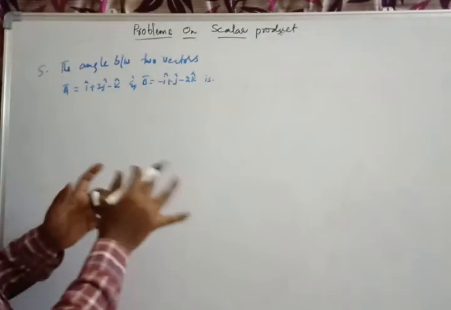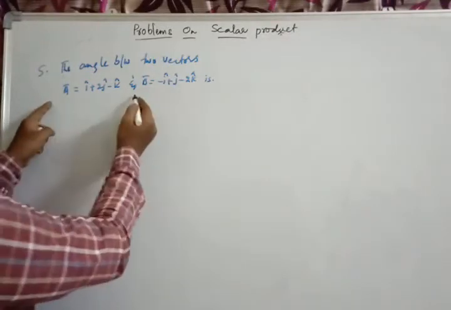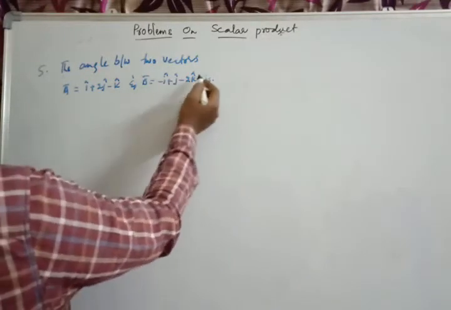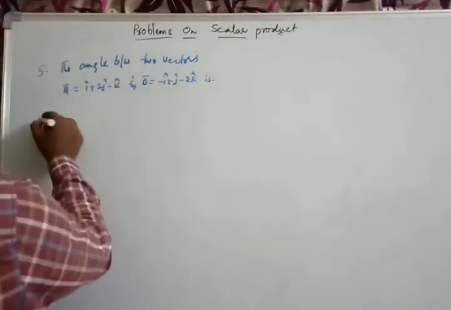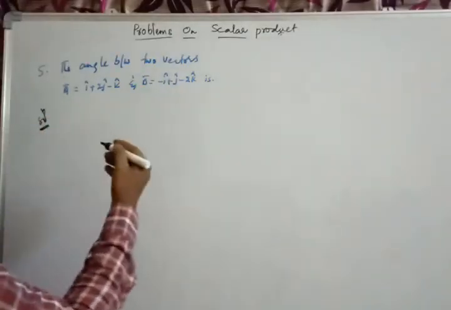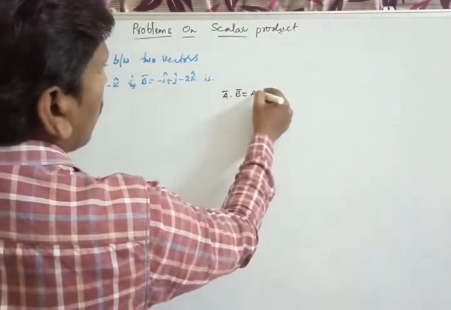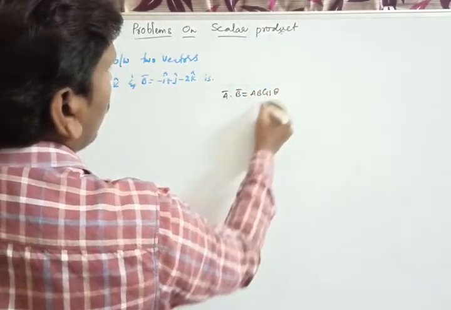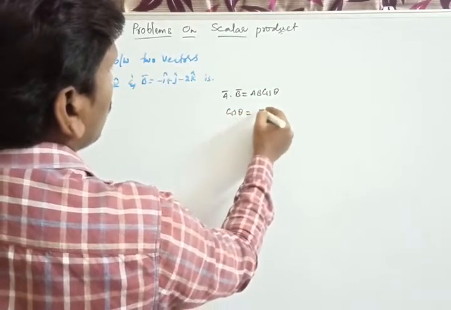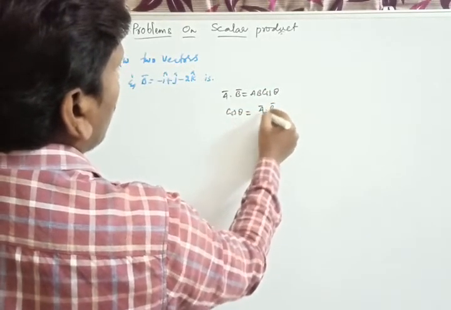We have to find the angle. To find the angle, we need to go through the dot product. So cos theta is equal to A bar dot B bar by AB.